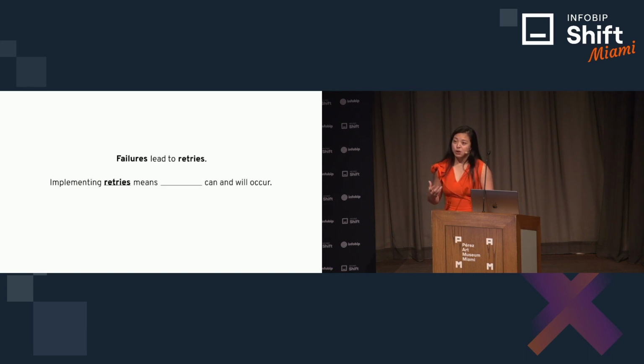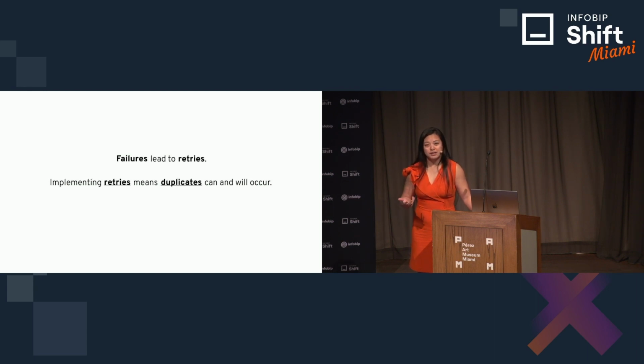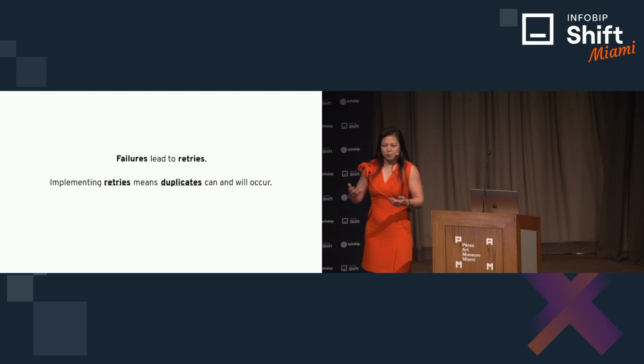Knowing that this is a fact, now we have to start thinking, well, if we're going to absolutely have retries as part of our toolbox, then we need to also know that implementing retries means duplicates can and will occur. If we are the ones building in something that retries this function or recalls this API, we're the ones introducing our own problems, right?